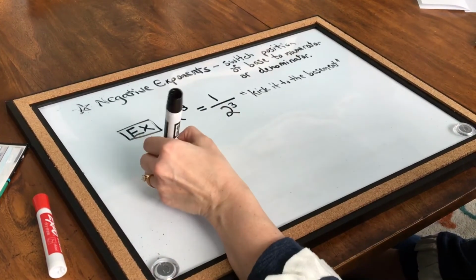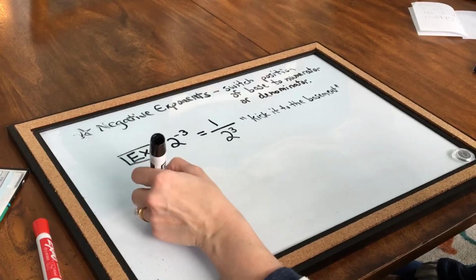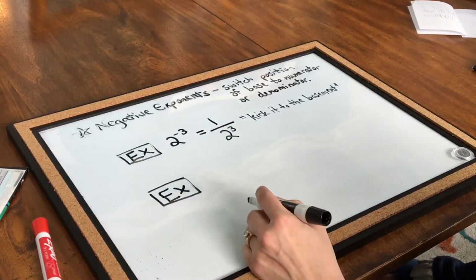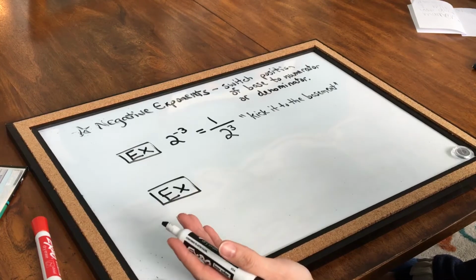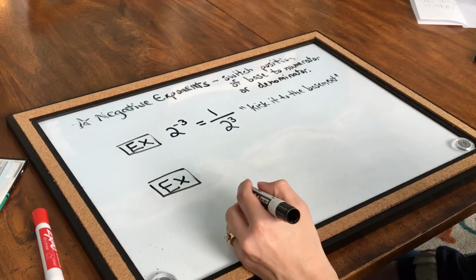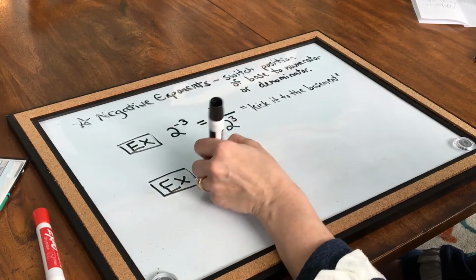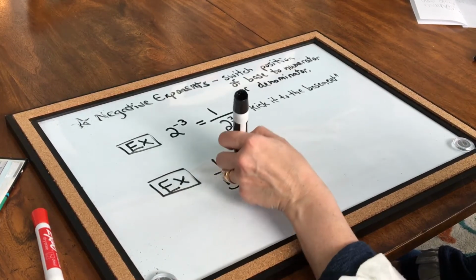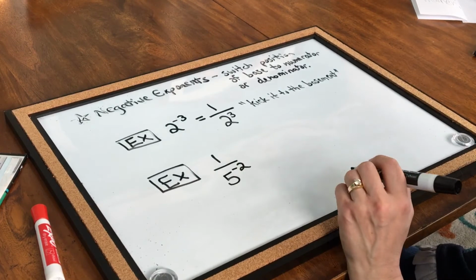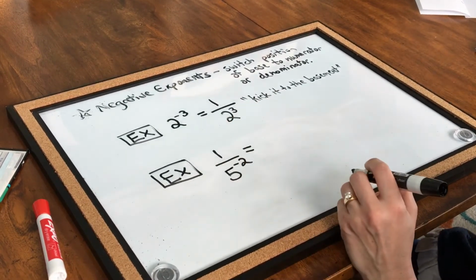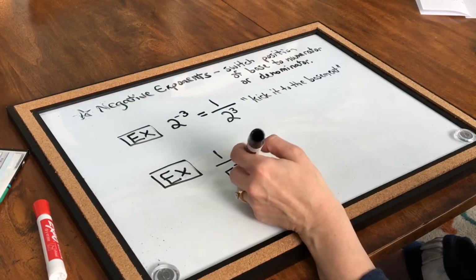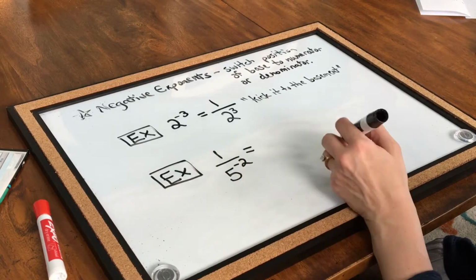Okay, however, what happens if the negative exponent is in the denominator? And that happens sometimes. So for example, what if we had something like 1 over 5 to the negative 2 power? Well, if that was the case, then we'd have to take this and kick it upstairs.